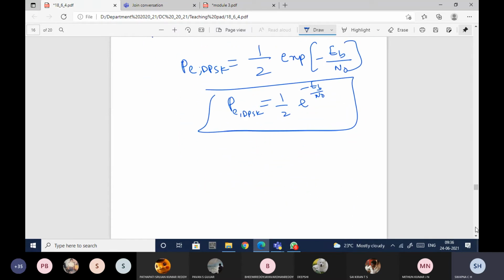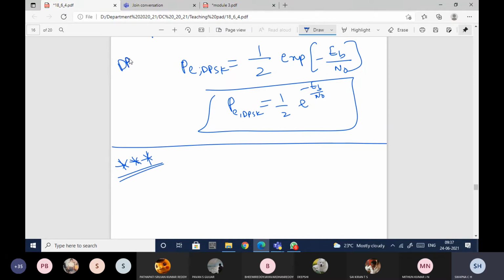Now, this is the non-coherent version. Here we will also study the coherent version. Why I am specifically teaching you this: it is very, very important. Whatever I'm doing now is very, very important. In the exam, if they ask you to just write the DPSK transmitter and DPSK receiver, then you can go ahead with these two.